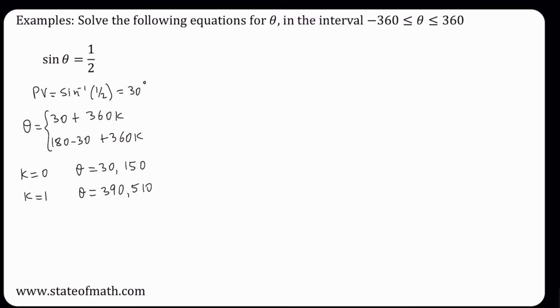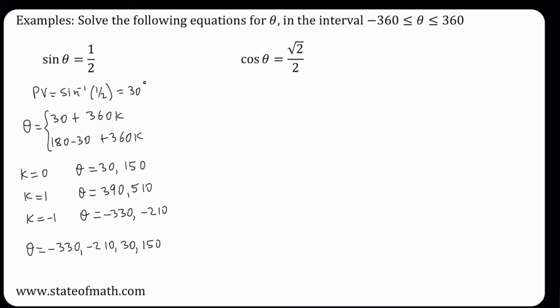I could put k to be negative 1, and I get theta to be minus 330 or minus 210. I will pick the solutions that lie between minus 360 and 360. So theta is minus 330 or minus 210 or 30 or 150.